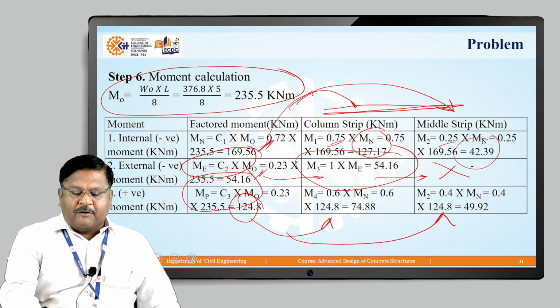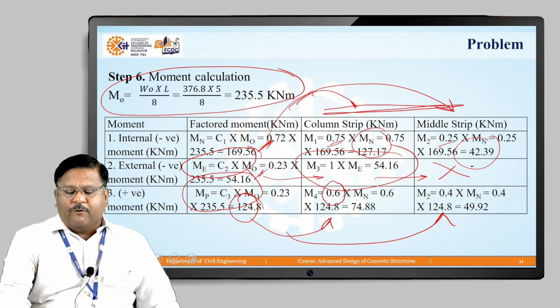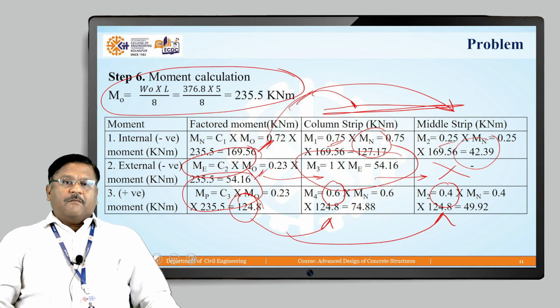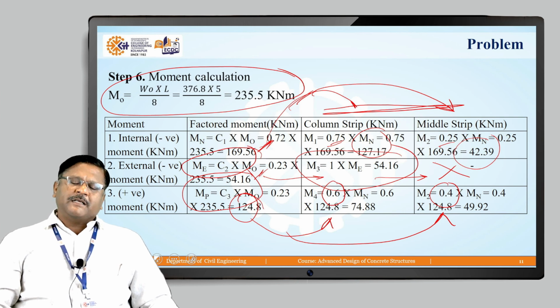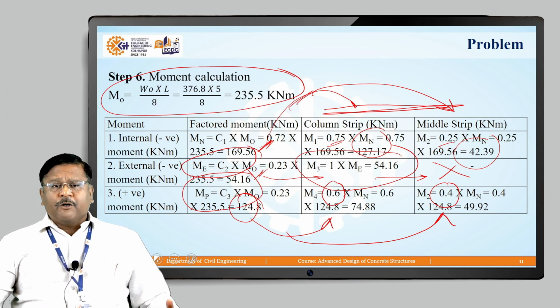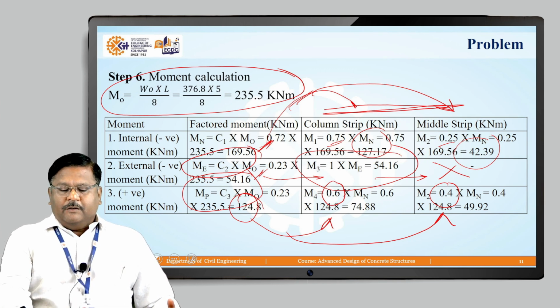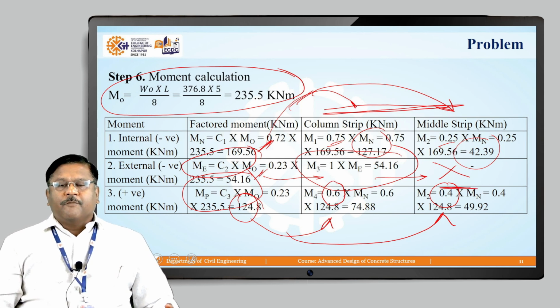So what are the distribution factors? 0.6 is for column strip and 0.4 is for middle strip. Means what? The total moment, whatever positive moment is there, 60% of moment is acting on the column strip, whereas 40% moment is acting on the middle strip. So what is the value of positive moment in the middle strip? 0.4 into total positive moment, that is 0.4 into 124.8.